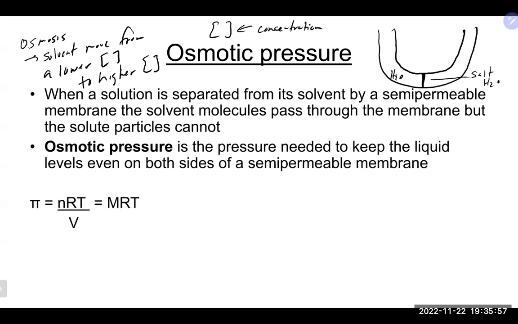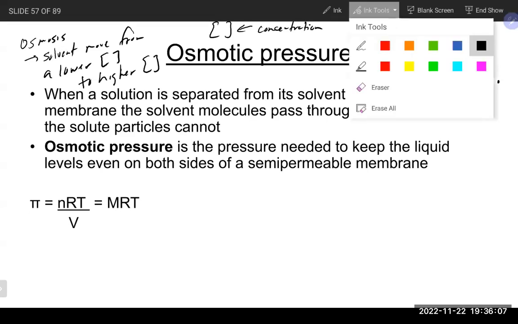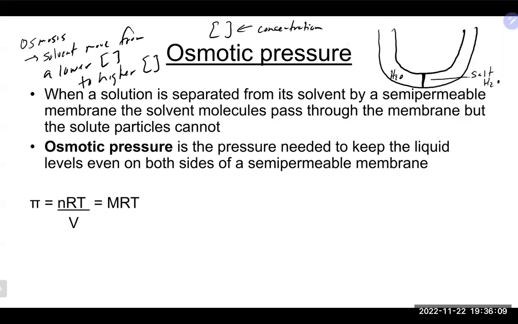So in an effort to dilute down the other side, the solvent molecules will continue to flow from the lower concentration to the higher concentration. In our example, with the two sides separated by a membrane in the middle, the water is lower in concentration as it has nothing dissolved in it. Salt water is basically water with stuff dissolved in it, so it is more concentrated, has more particles.